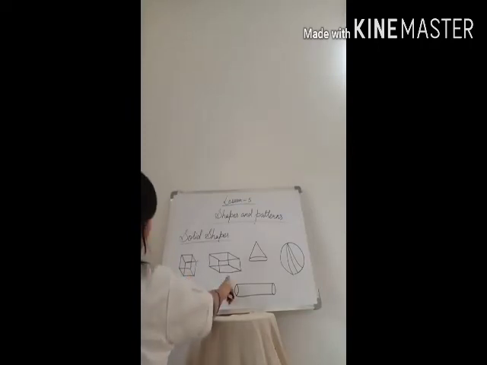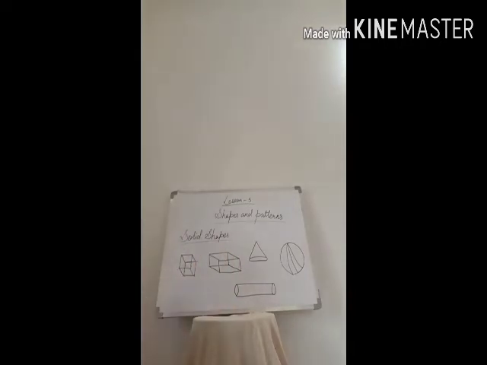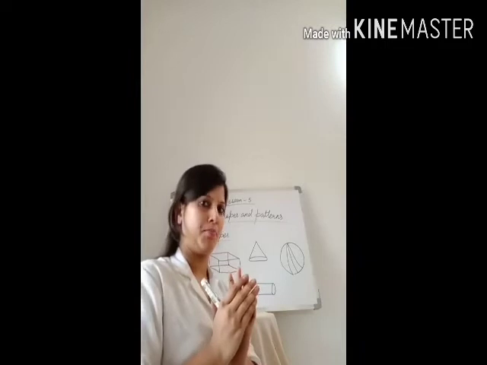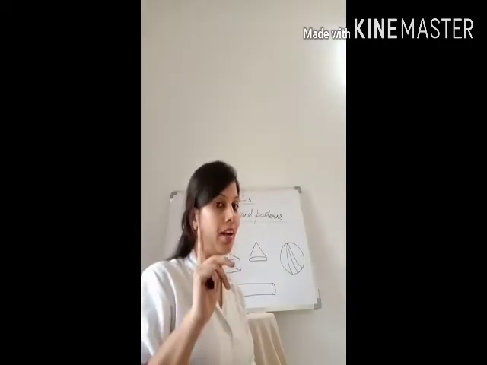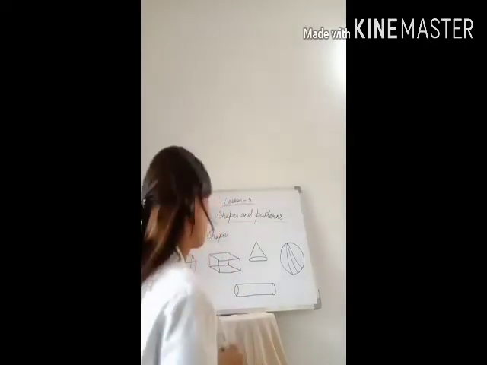Cube, cuboid, cone, sphere and cylinder. You have to see that cube and cuboid are somewhat similar, but they are not the same. Listen carefully why they are not similar.